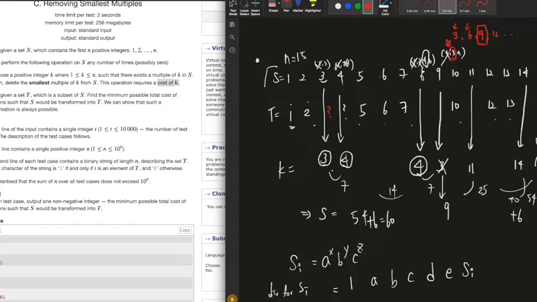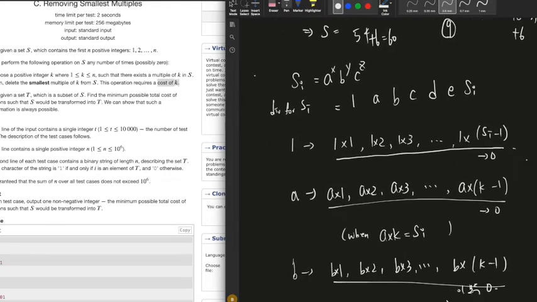Which means T should not have 3 and 6, but T has 6, right? So we cannot use 3. So the only one left will be 9, right? And yeah, it works like this.